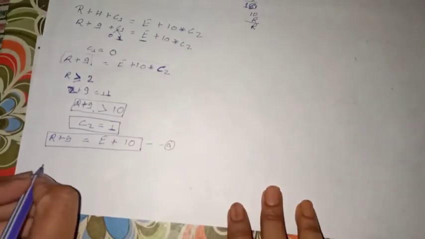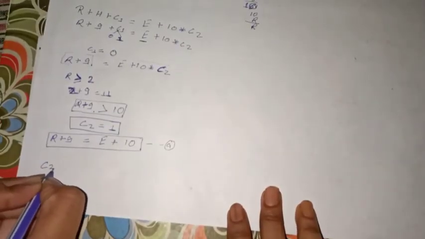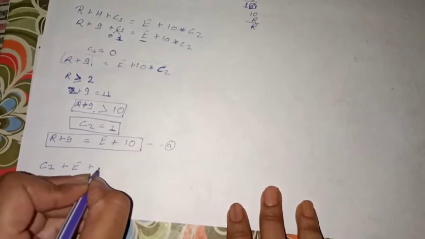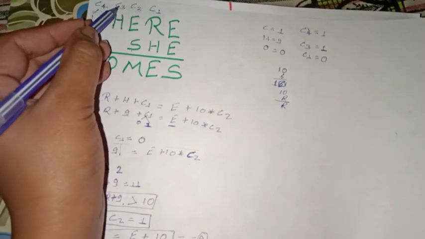Okay, that is C2 plus E plus S equal to M plus 10 into C3.